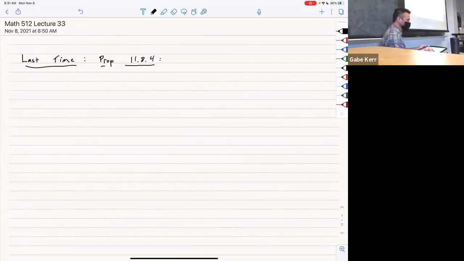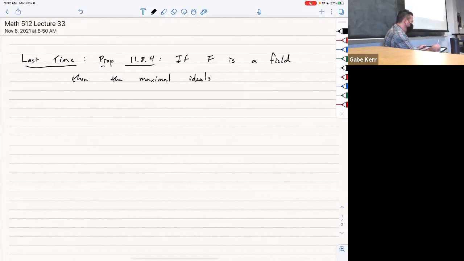One part of it was, if F is a field, then the principal ideals of F[x] generated by F of X are maximal ideals exactly when this polynomial F of X is irreducible.